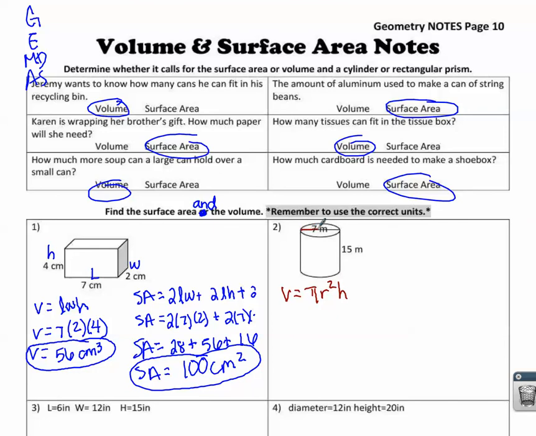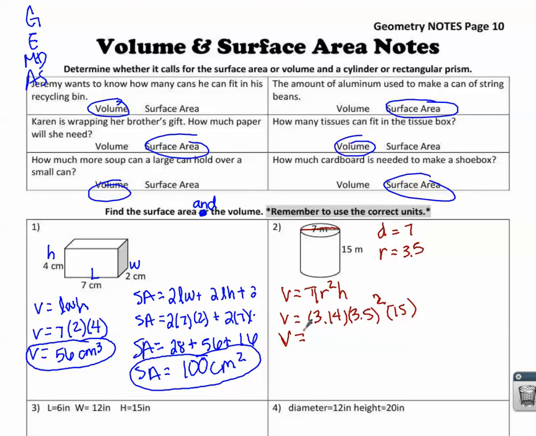Notice that you're given the diameter in the picture. Remember, the diameter does equal 7. If you divide that by 2, you get the radius. So in the calculator, I'm going to type in 3.14, not the pi button, 3.14 times 3.5 squared times the height. Order of operations state that you want to do your exponents first.